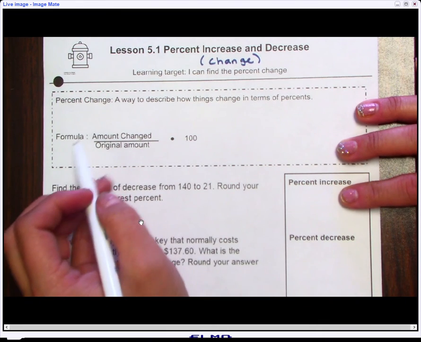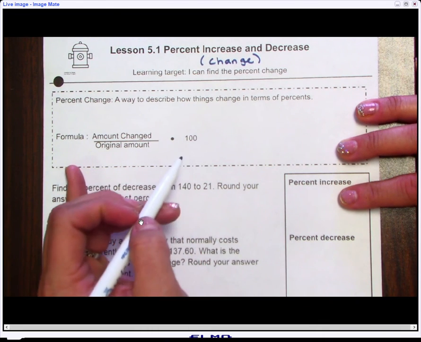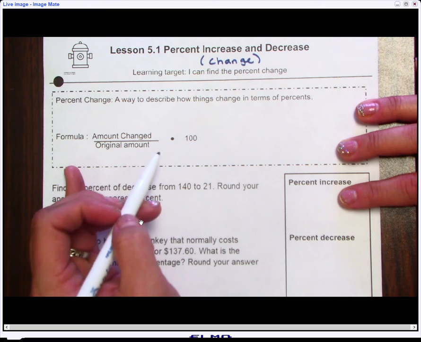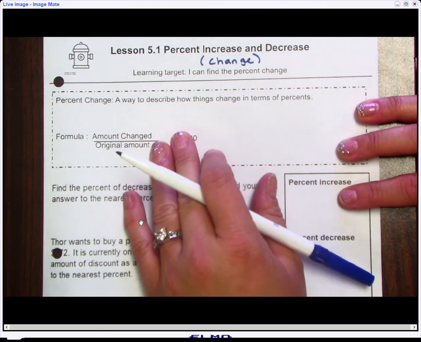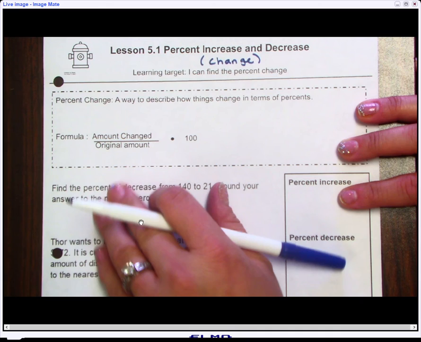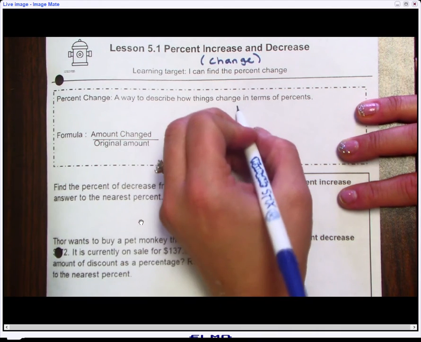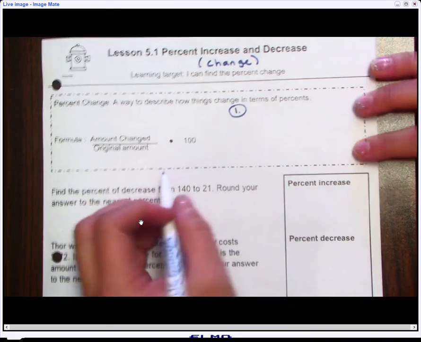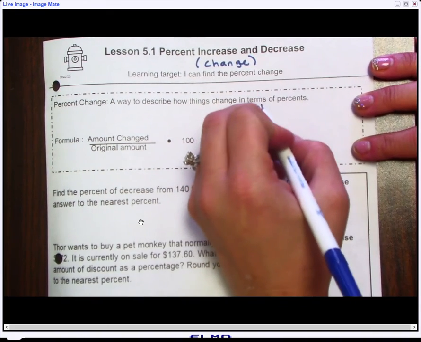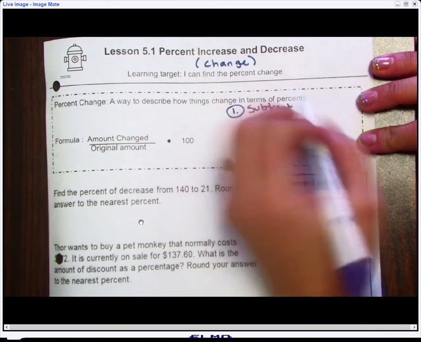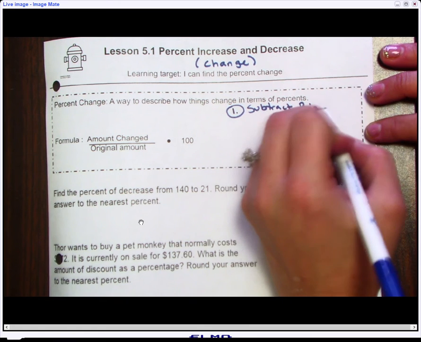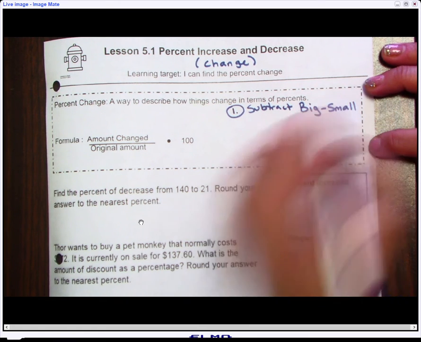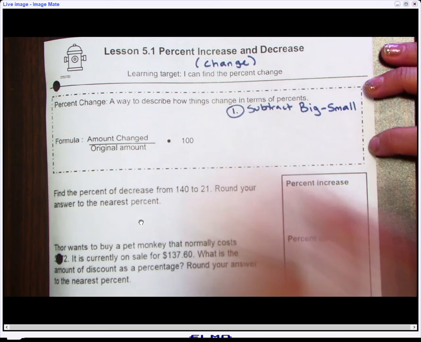Our formula is right here. If you looked in a math book, if you asked Google, this is the formula that you would get. But I'm going to break this down into 3 steps. So step 1, and you should probably write these steps down. Step 1 is to subtract, big minus small. So old school subtraction.